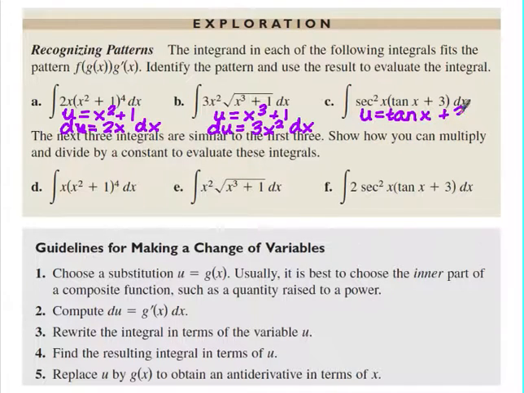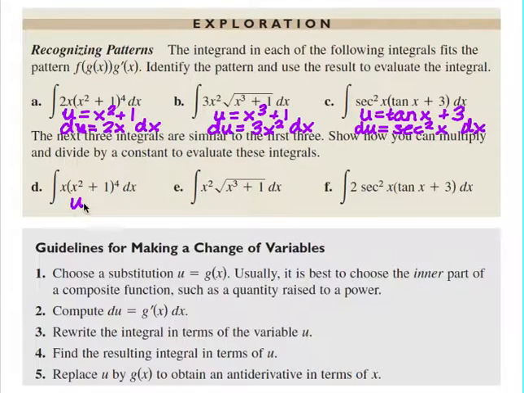What is du? Secant squared x dx. Now, if you notice, the next three are really similar. But what's the difference with letter D versus letter A? It's not 2x, but we can still do a u substitution with this.